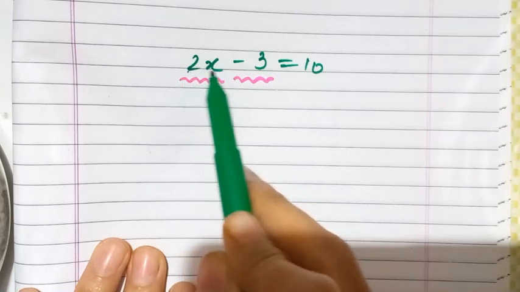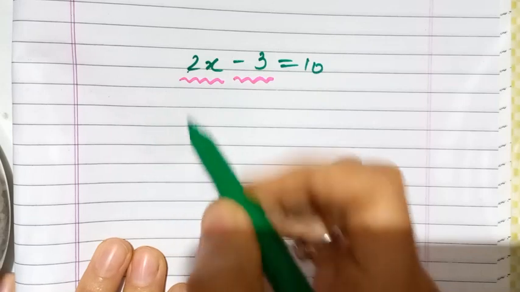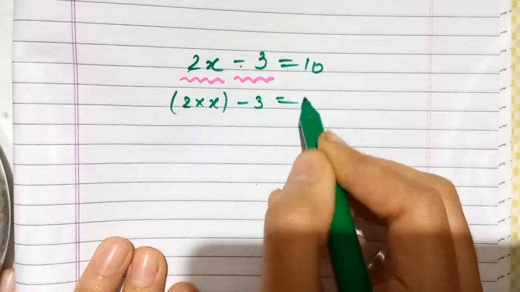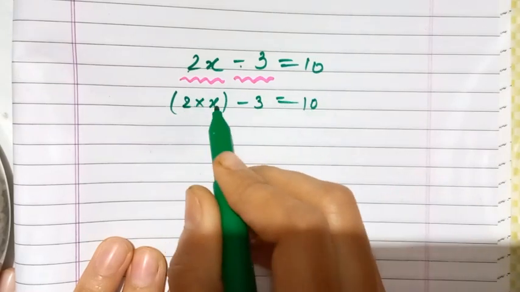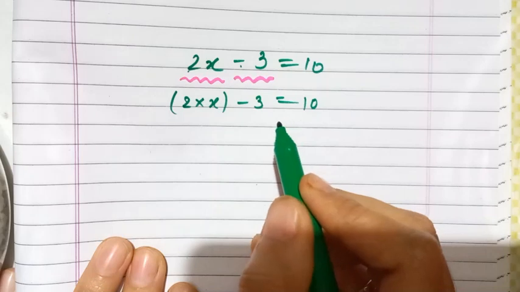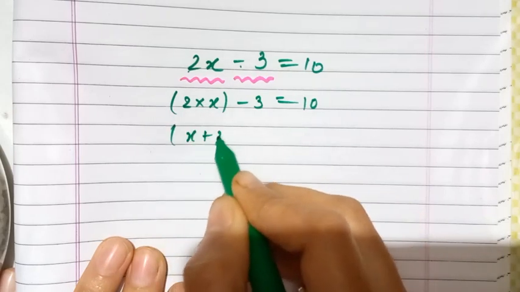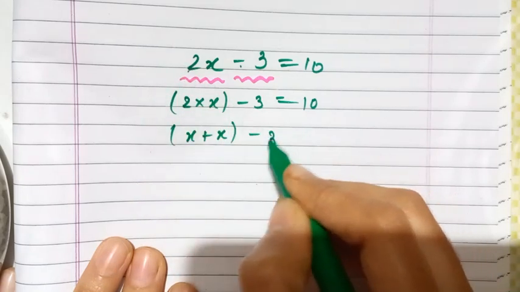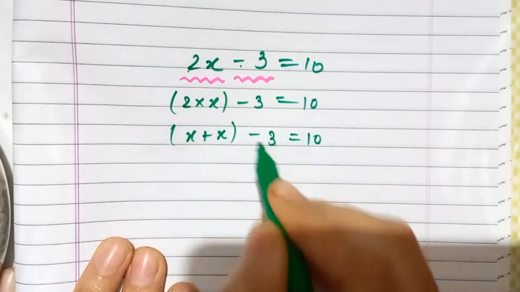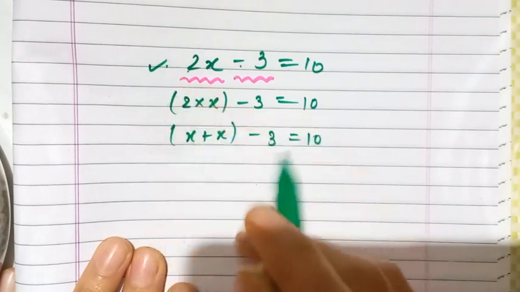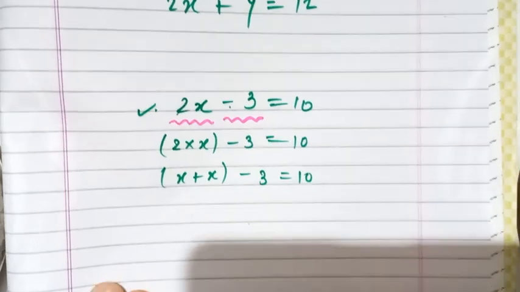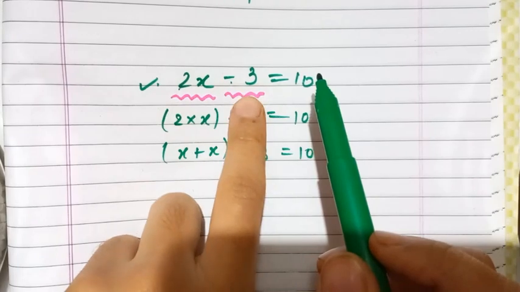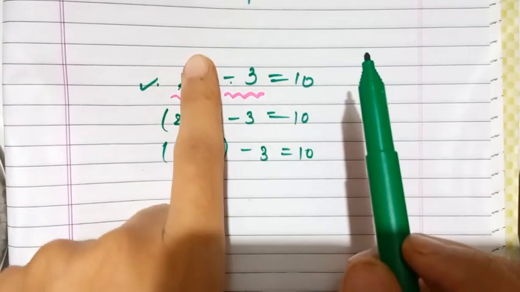The relation is multiplication. It means 2 into x minus 3 is equal to 10. And 2 cross x means 2 times x, which means x plus x. This x plus x can be written as 2x also. Minus 3 is equal to 10. So we have learned what a term is: a component of the equation. This is one component, this is the second component.